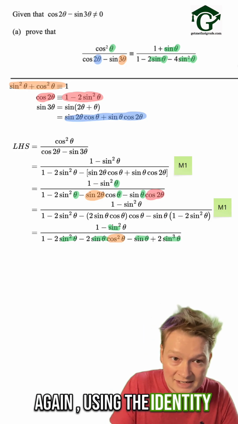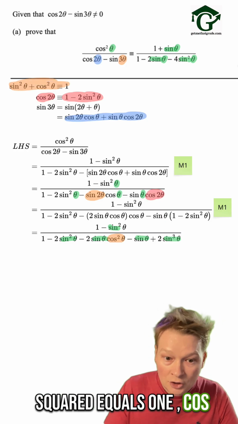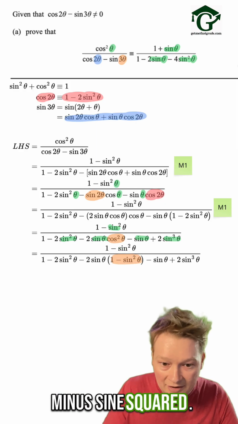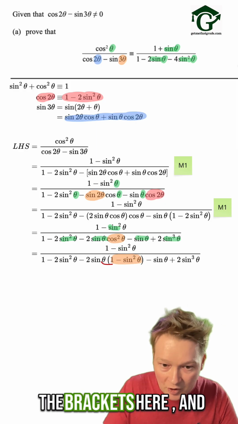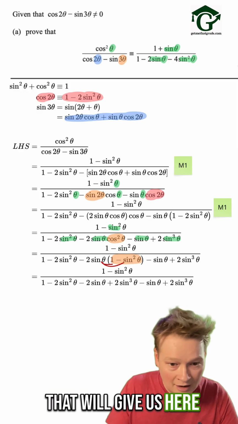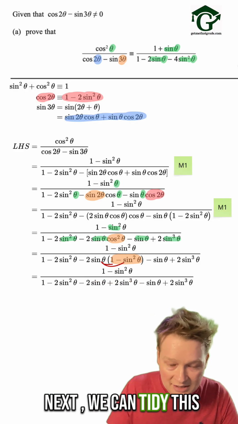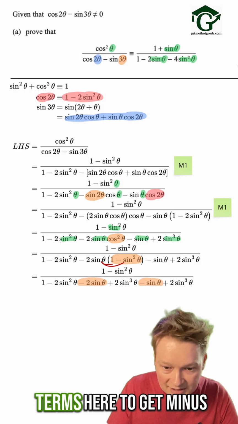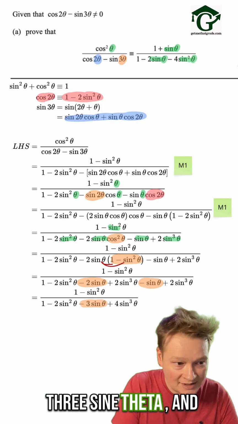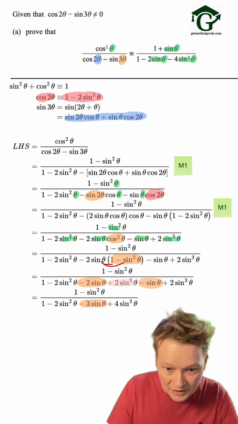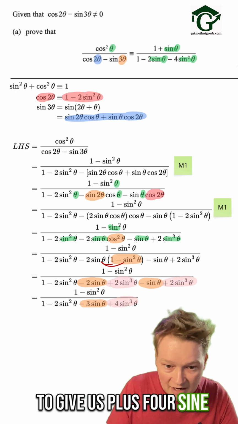Again, using the identity sine squared plus cos squared equals 1, cos squared would be 1 minus sine squared. So again, we can expand the brackets here, and that will give us here minus 2 sine theta plus 2 sine cubed theta. Next, we can tidy this up, collecting the like terms here to get minus 3 sine theta, and the like terms here to give us plus 4 sine cubed theta.